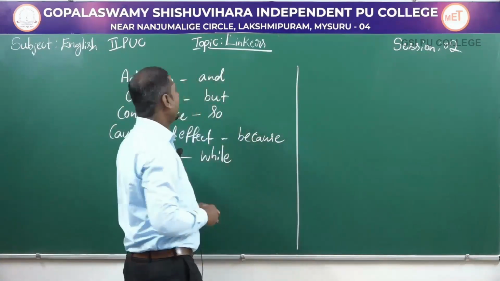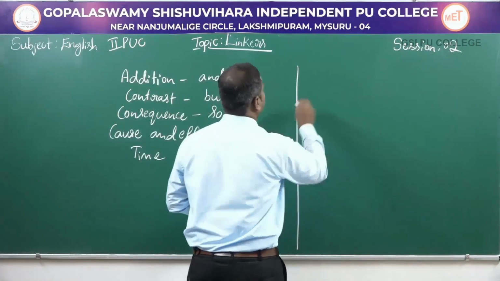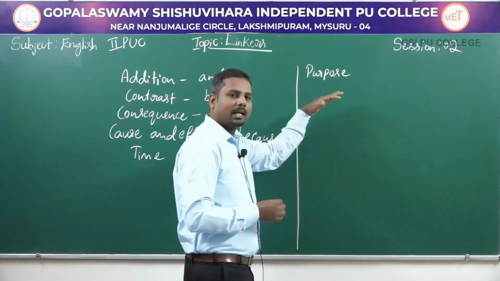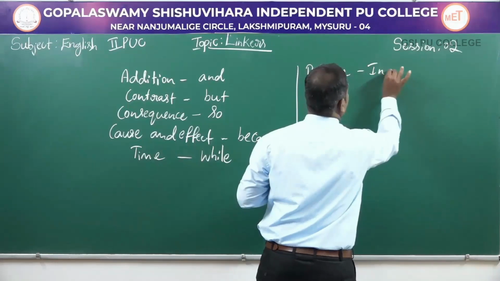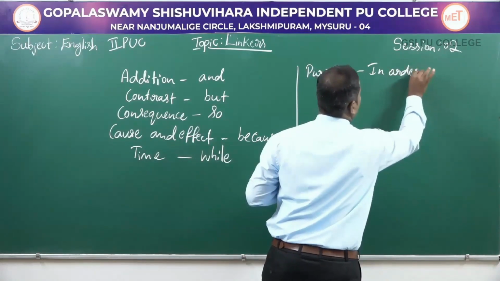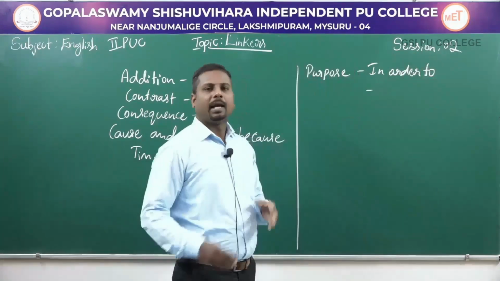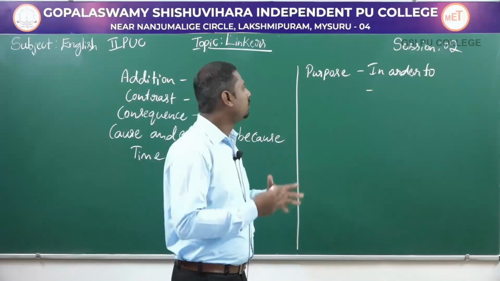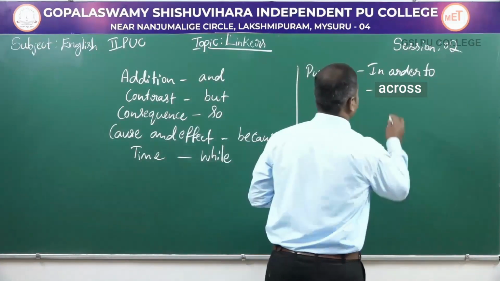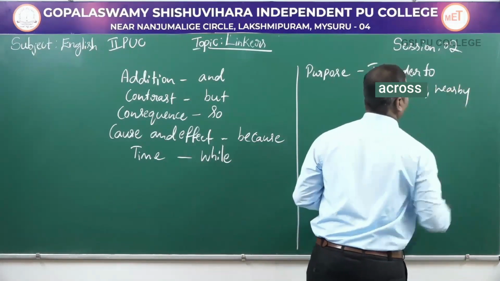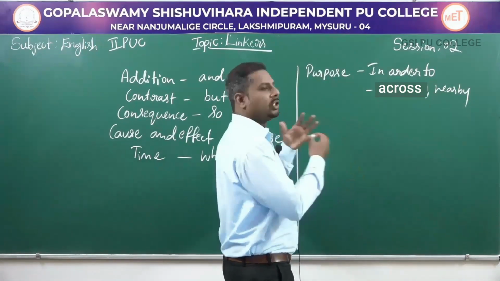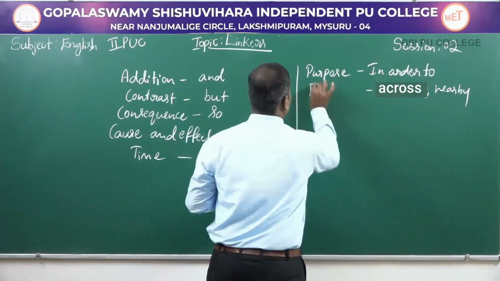Similarly, we have linkers to express purpose, phrases like in order to. And similarly, we use words such as across, nearby, etc. to express the place.